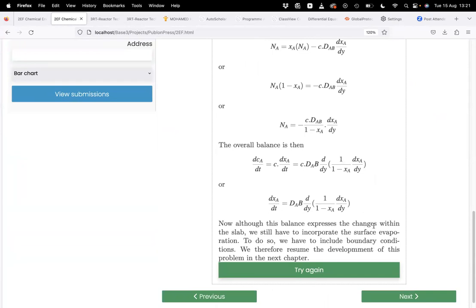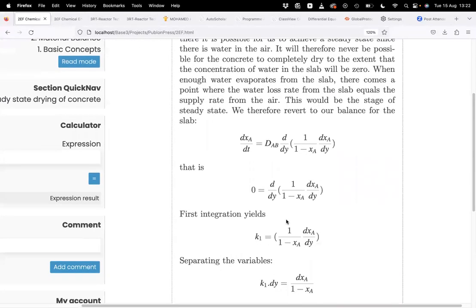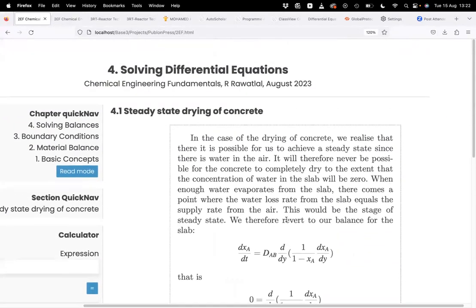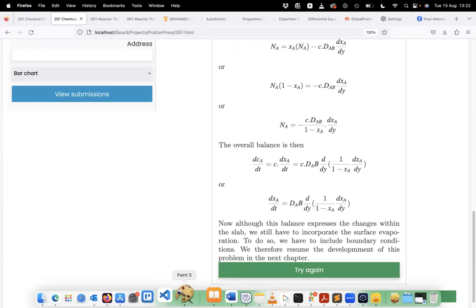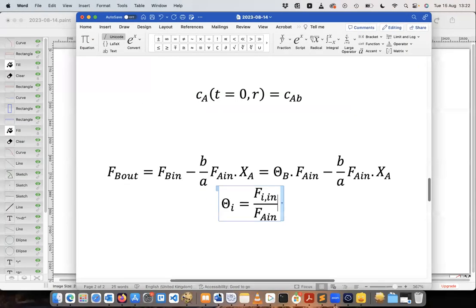So we have this equation, and we are saying now that this can have a steady state. At steady state, of course, dx/dt is 0, leaving us with this. I have developed the solution here in chapter 4, but let's just do it together. Let's open up a Word document so we can talk through it properly.